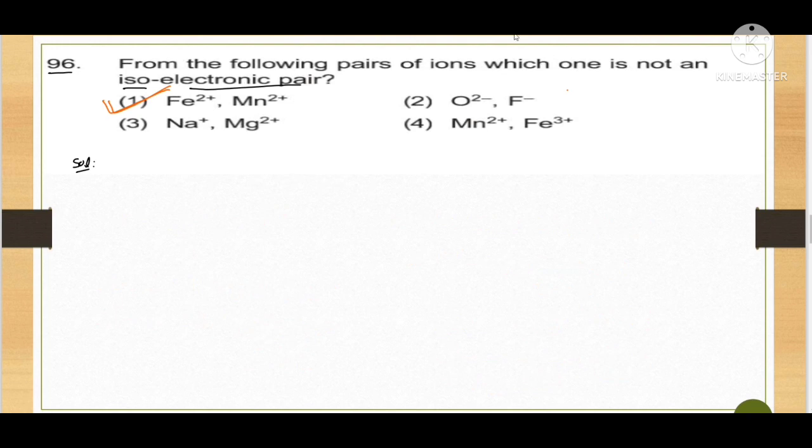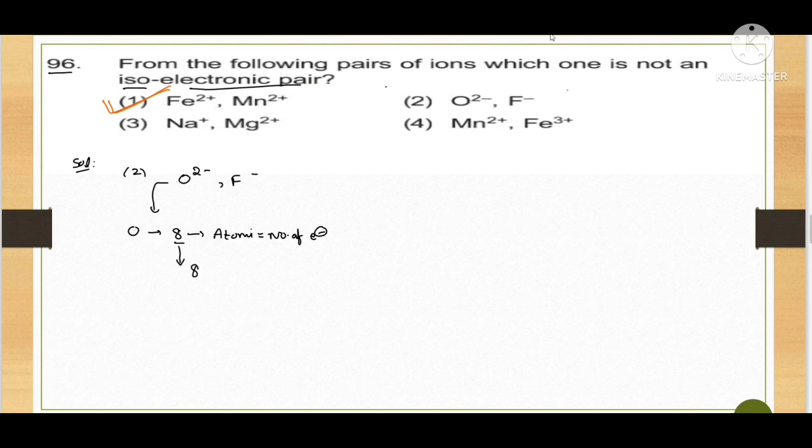Now let us verify the remaining options also. Second option. Here O2- and F-. We know that the atomic number of oxygen is 8. You know that atomic number is equal to the number of electrons.